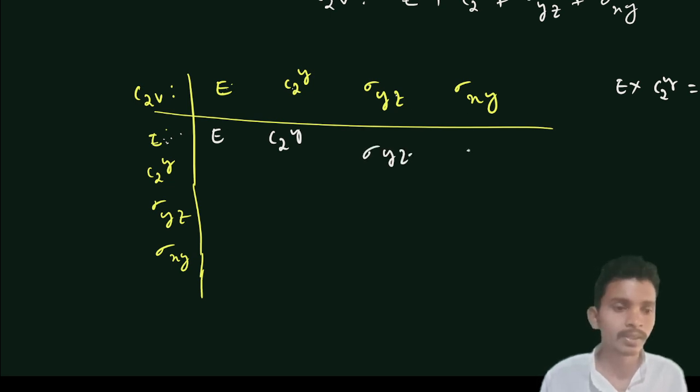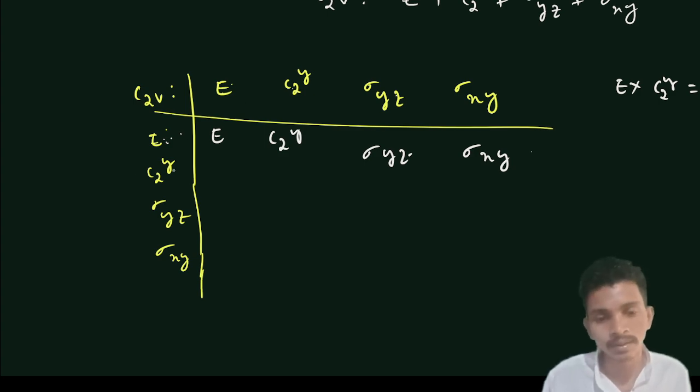Similarly for the next one. And for this value, we have to multiply by this to get this, and by this to get sigma yz, and by this to get this value.